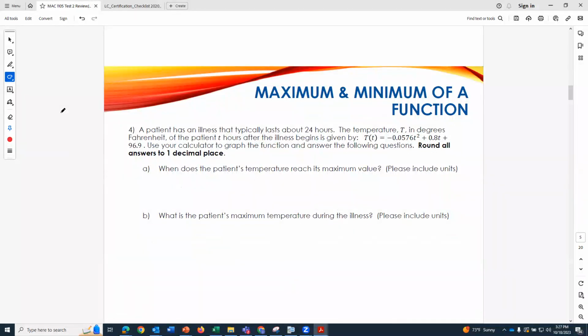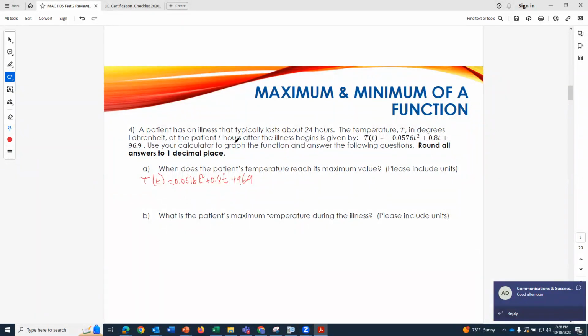The temperature T, capital T, in degrees Fahrenheit of the patient, t hours, lowercase t, after the illness begins is given by T of t equals negative 0.0576 t squared plus 0.8 t plus 96.9. Okay?